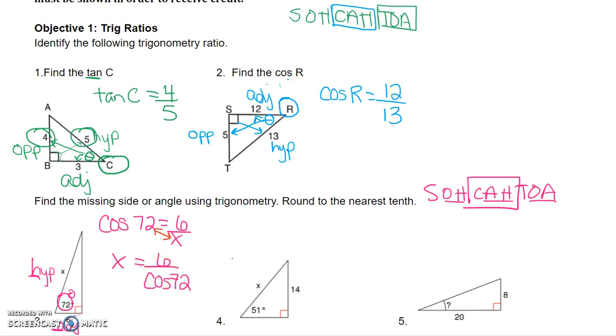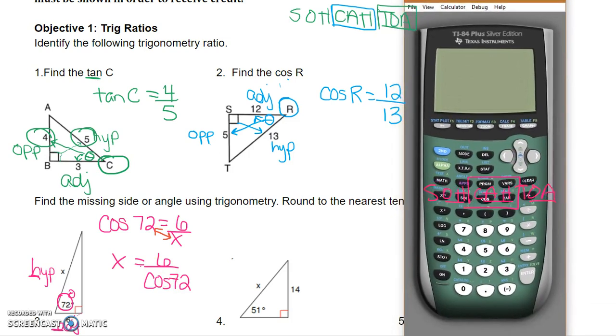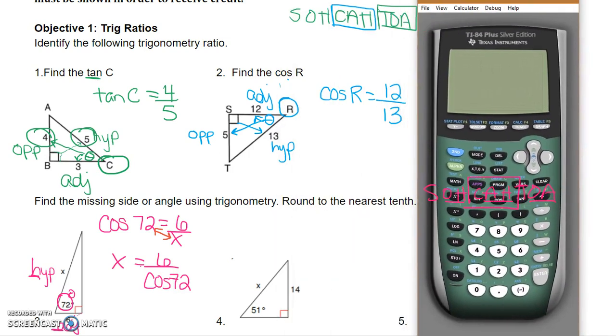Okay, so what I want to do now is grab my calculator and turn it on. And always check to make sure it is in degree mode. This one is not, so I'm going to make it in degree mode. That will greatly affect your answers.